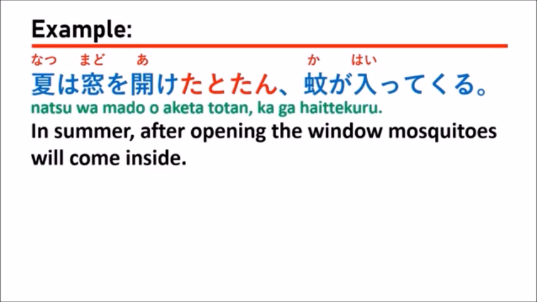Natsu means in summer. So this sentence is in the present simple tense. So they can say, 夏は窓を開けた途端、蚊が入ってくる。It means that in summer, after opening the window, mosquitoes will come inside.